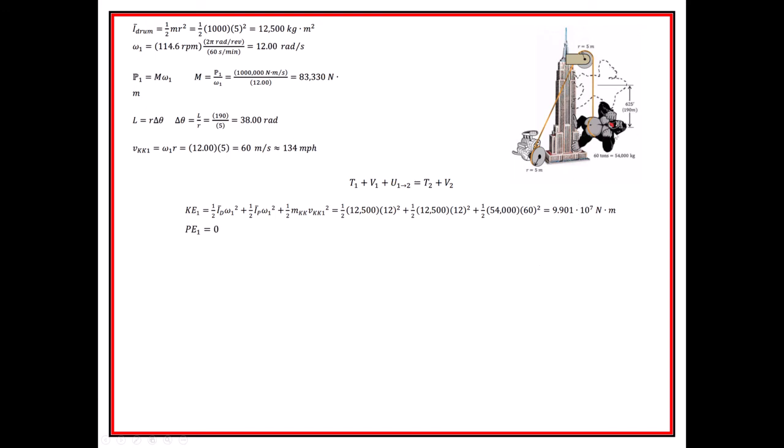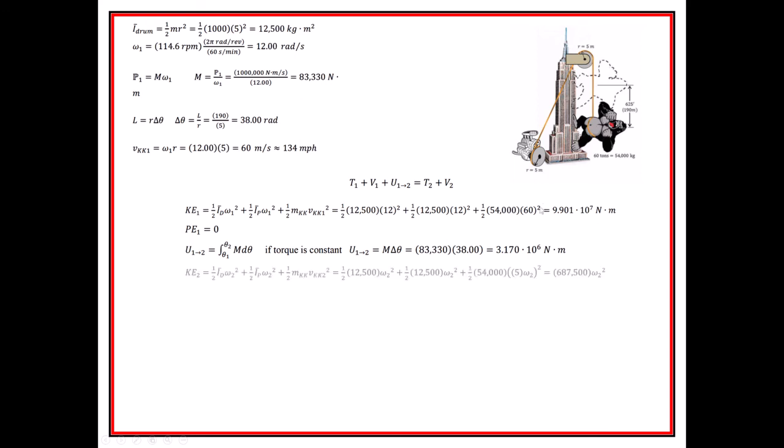Potential energy is 0 here at the bottom because we call that the datum. It starts there and then it's just going to gain potential energy. So we have the added energy. External work energy is going to be the torque times the delta theta. We calculated those up above. So we see that we're adding 3.17 e to the 6 Newton meters to the system.